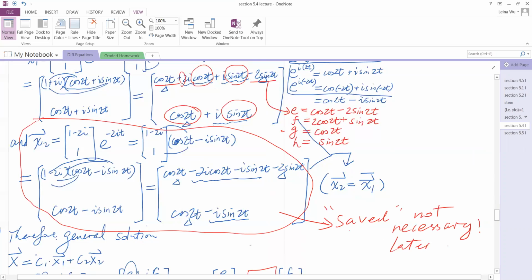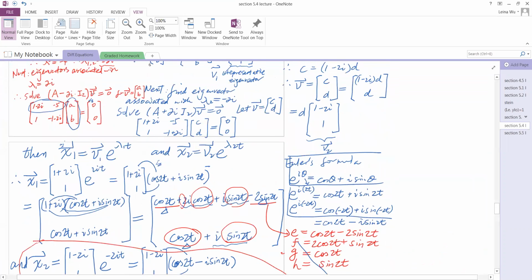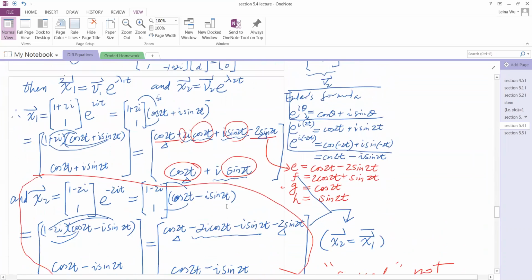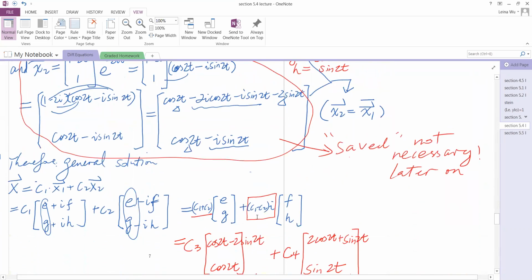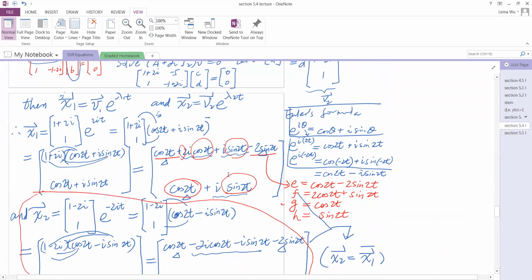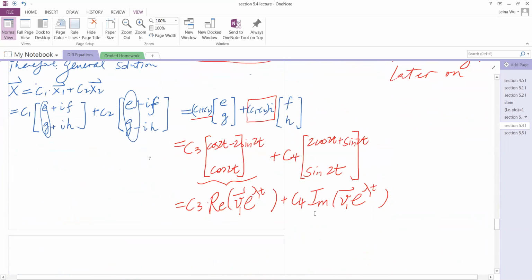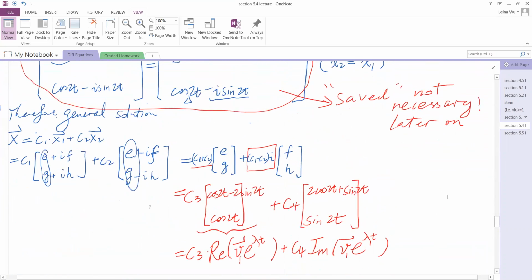You don't have to calculate these by hand because we know x2 will just be the conjugate of x1. So eventually, the general solution will just be based on this x1. Make sense, folks? This is what I'm going to call the shortcut.